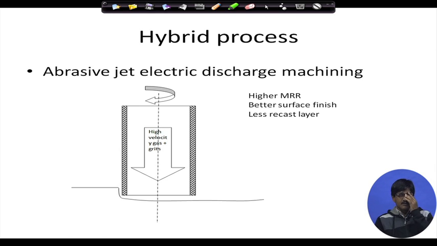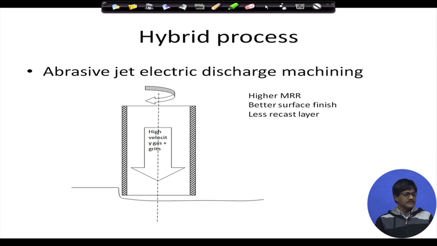Dry EDM has a number of advantages, like it might give us higher MRR, but mind you, in dry EDM the distance between the workpiece and the tool has to be controlled very precisely, because in many cases the distance is much less than that in EDM with liquid medium. It might be as low as 5 microns.